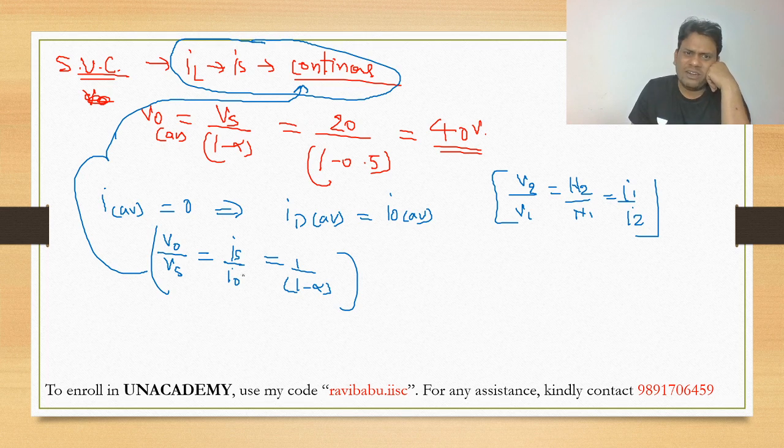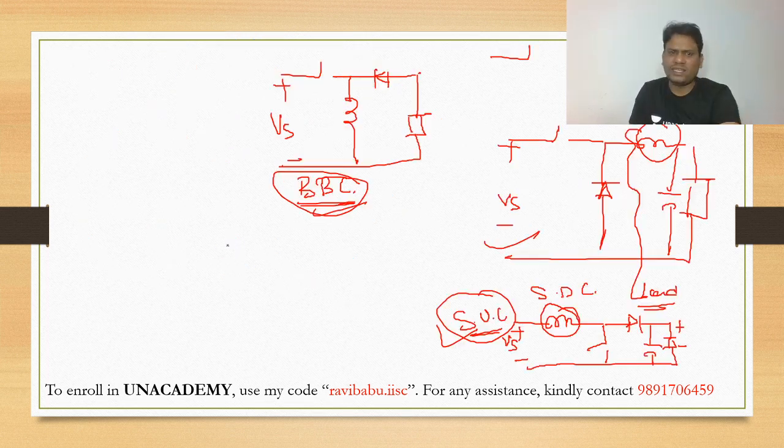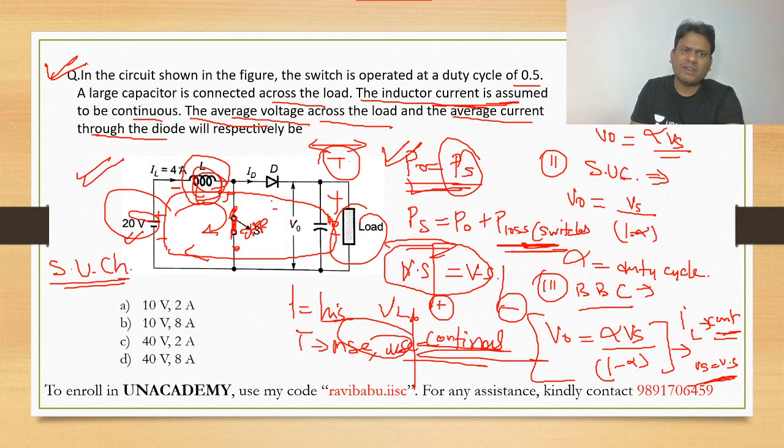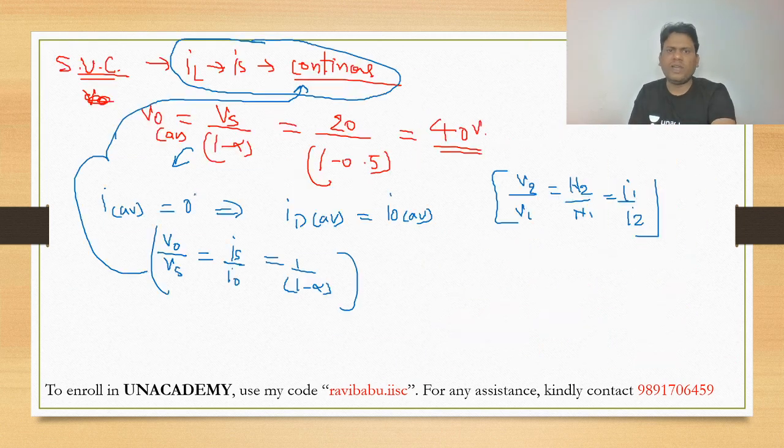So I naught average we don't know, or we have to calculate. What about IS? IS is given as 4 ampere. In a converter, when any quantity is provided by someone, that quantity should be DC. If that person is not mentioning anything about that quantity, the first preference would be DC. So this 4 ampere current is the DC current.